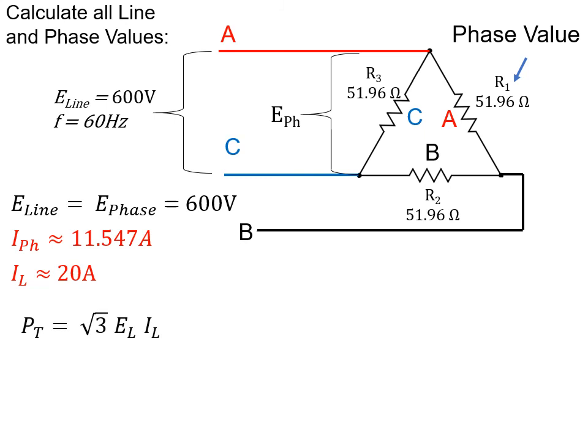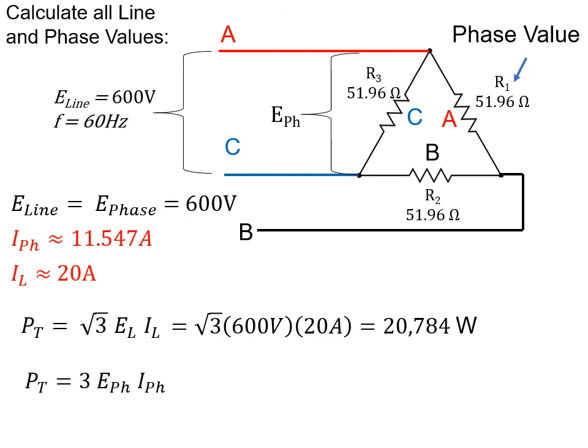Since this is a resistive load, we can use the letter P for power and watts, true power. And if we root 3 E line I line these values, we end up with 20,784 watts. If we use our phase values, you calculate the power in one phase and multiply it by 3 because there's 3 phases, you again end up with the same identical answer of 20,784 watts.